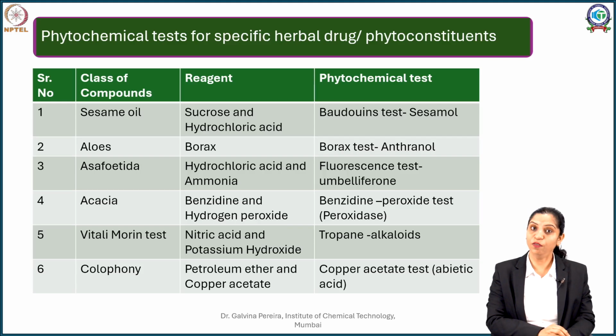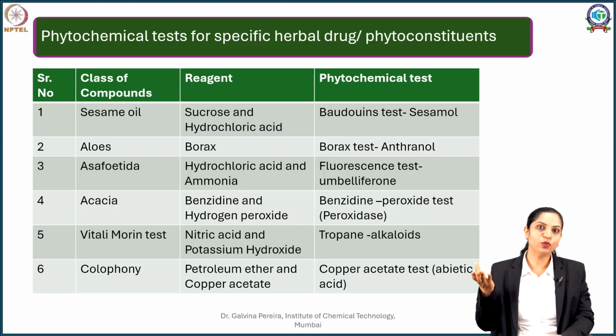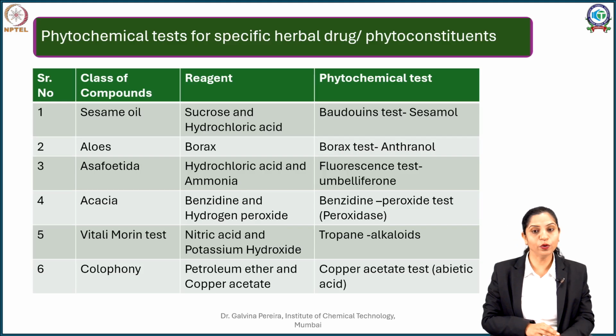Remember, we also did a fluorescence test for Asafoetida, but this time the fluorescence was blue in color. Asafoetida contains umbellic acid, and you could convert it into umbelliferone first by hydrolyzing the ester and then cyclizing it. So, initially you treat it with hydrochloric acid and later on treat it with ammonia to get a nice blue fluorescence.